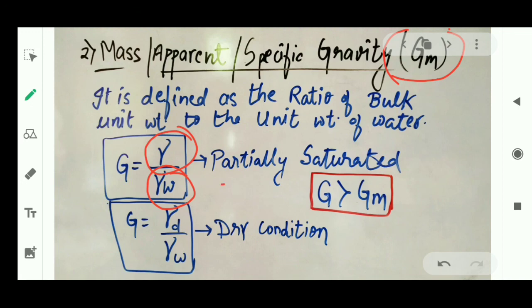In partially saturated condition, and in the same way in dry condition, it is the ratio of dry unit weight to the unit weight of water, right? So we denote it by GM. Here it is written G, but you can understand by writing GM, right? So gamma D by gamma W in dry condition. So here we go, the mass specific gravity and the specific gravity, right?